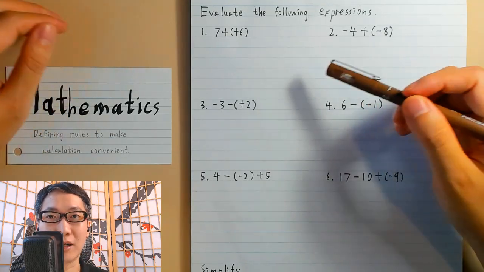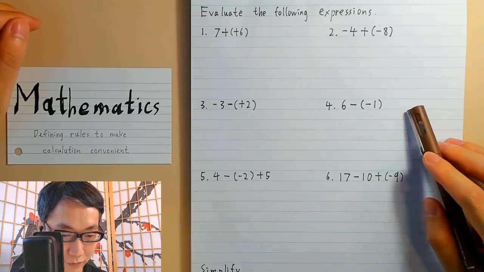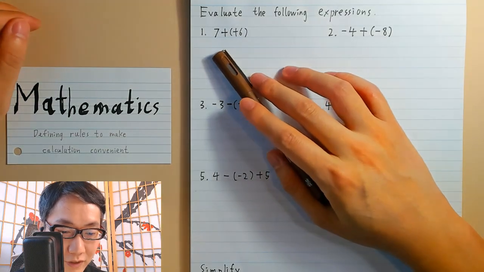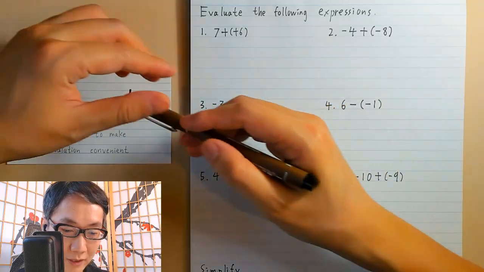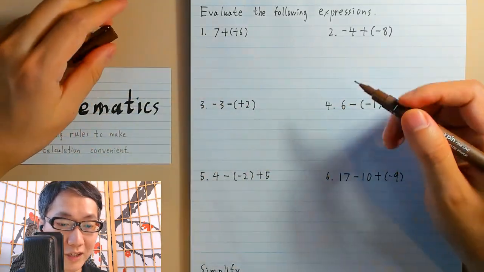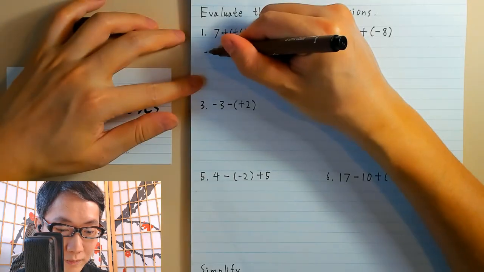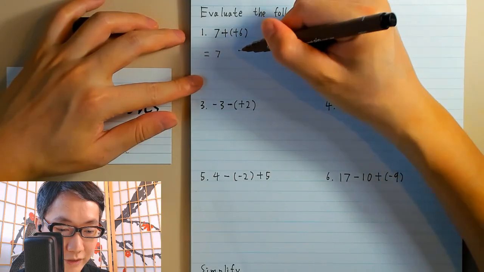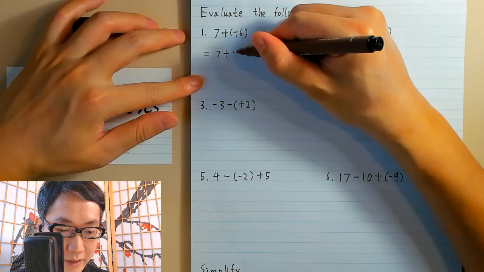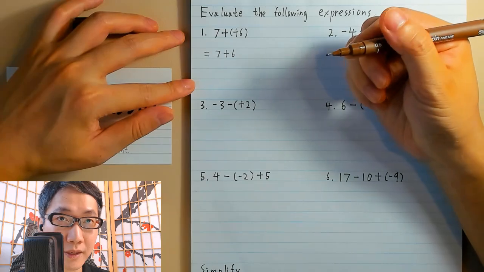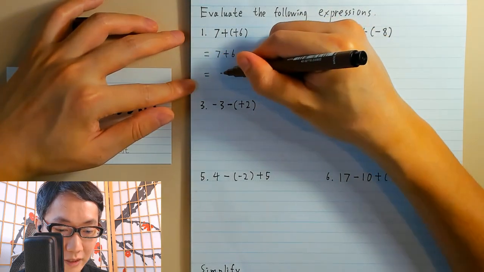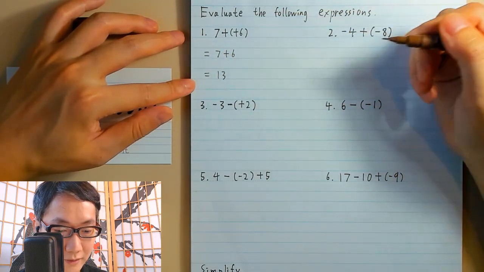Okay, so let's start. So first one, we have positive 7 plus positive 6. So a plus does nothing to the next term, so it just becomes positive 7 and positive 6. And then this gives us positive 13.